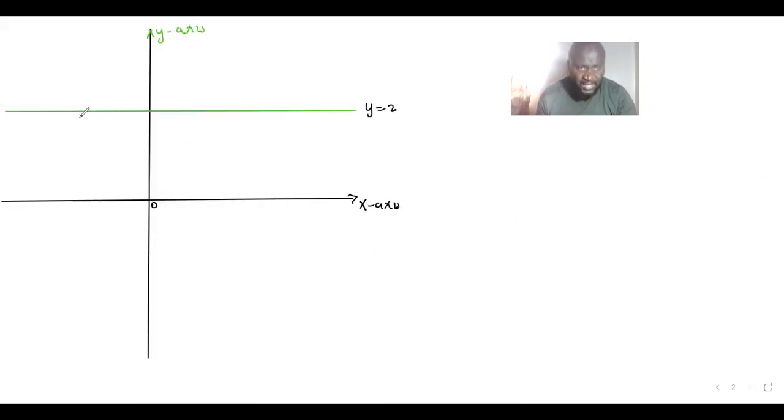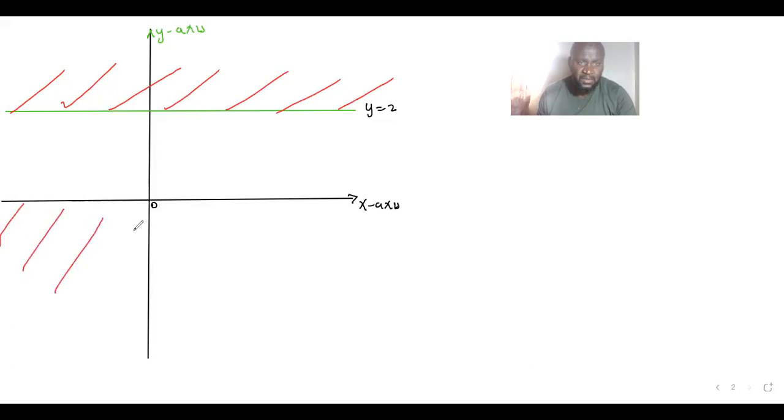Now, for those of us who want to shade, you should have shaded like this, that this is the region where the curve does not pass. And even the region below 0. So our curve is just passing in between those two regions. And to start with, the curve has turned here maximally at 2.